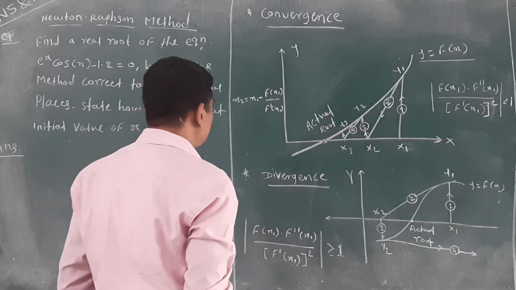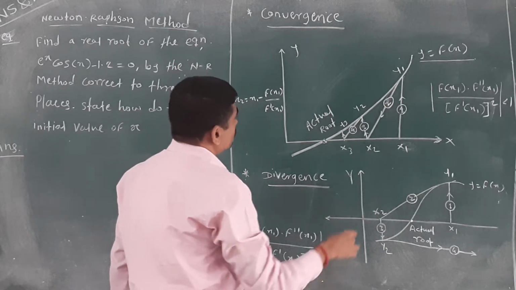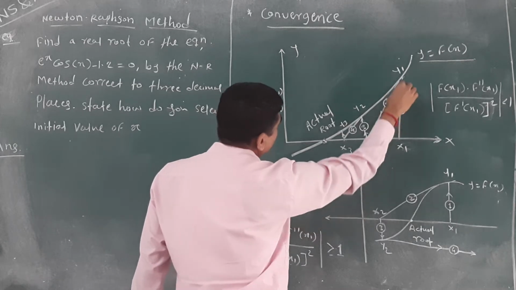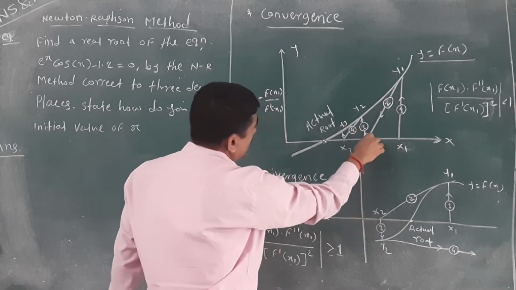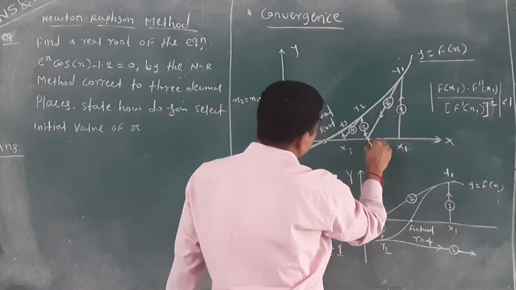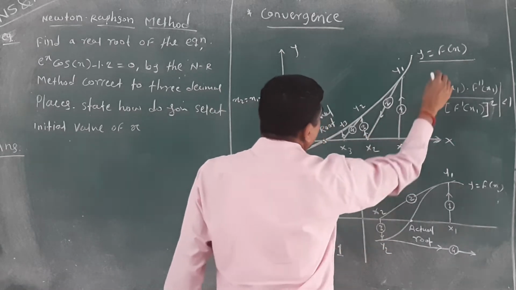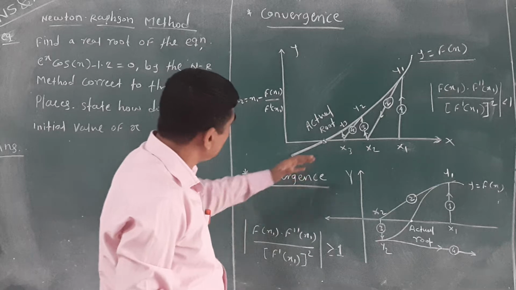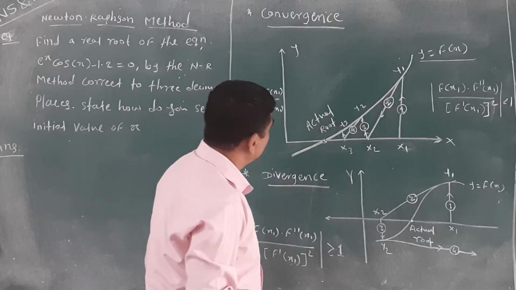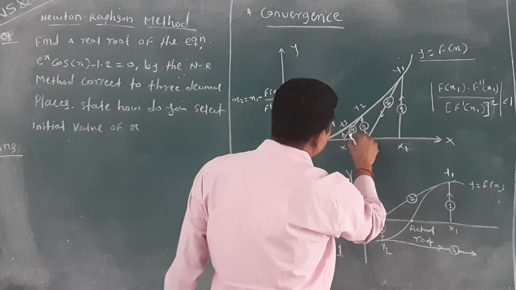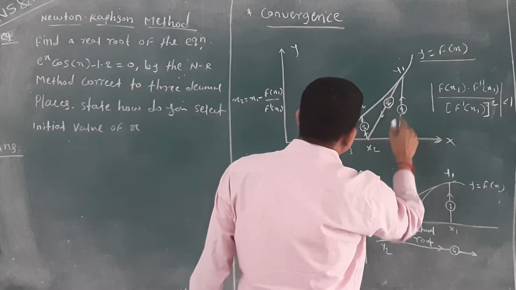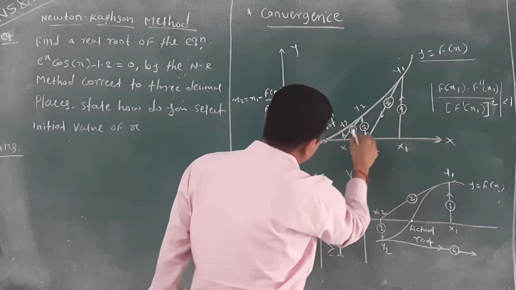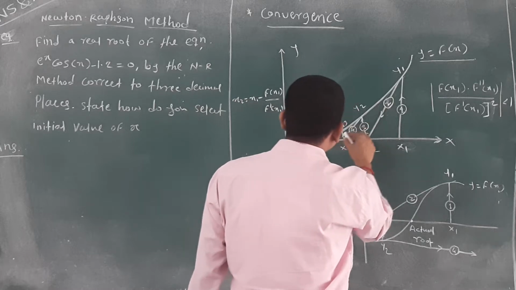You draw the tangent to the given slope, and this tangent intersects at a point which represents the root of the curve y is equal to f of x. If you look at this figure, the path 1 to 4 shows that with the Newton Raphson method we are approaching towards the actual root.